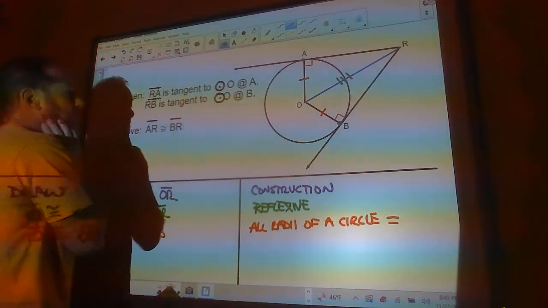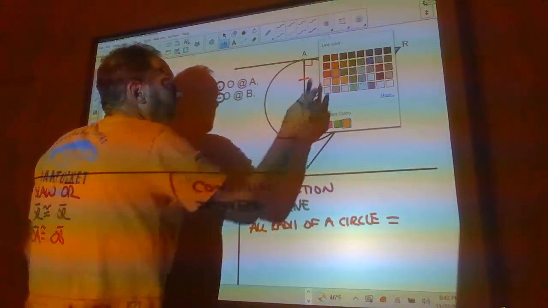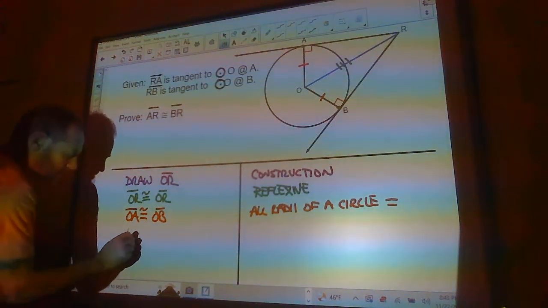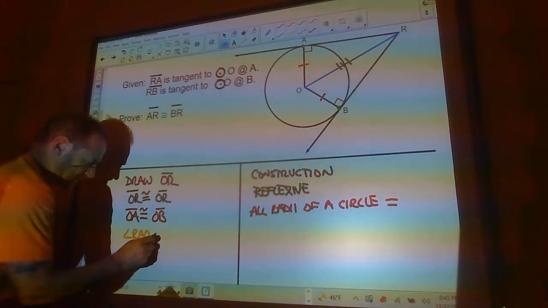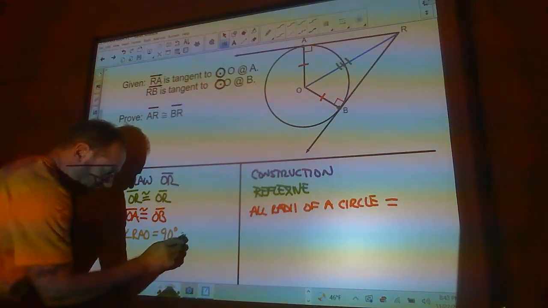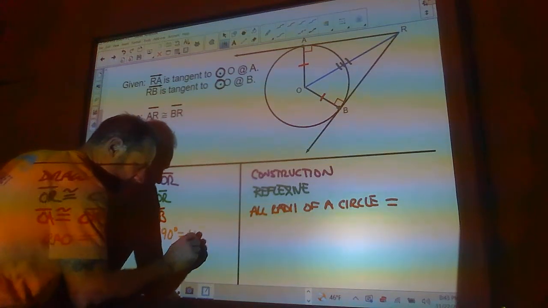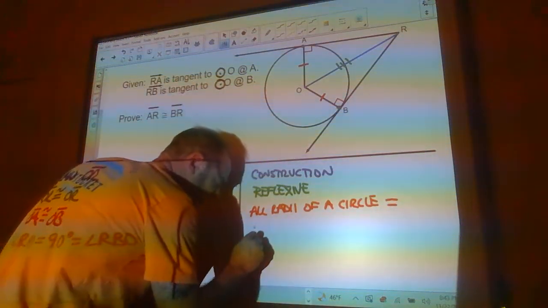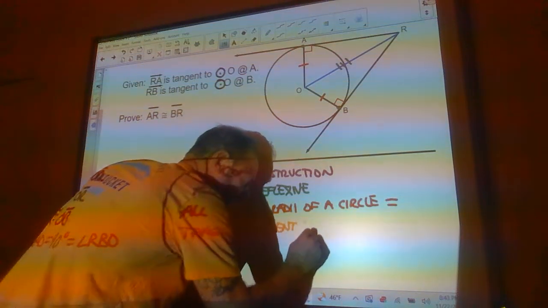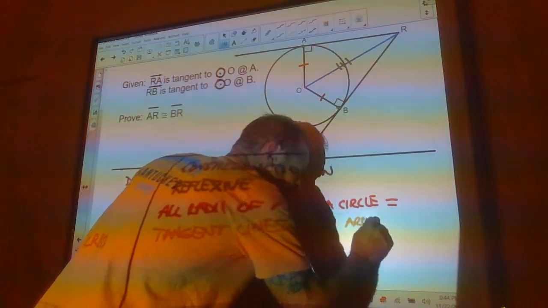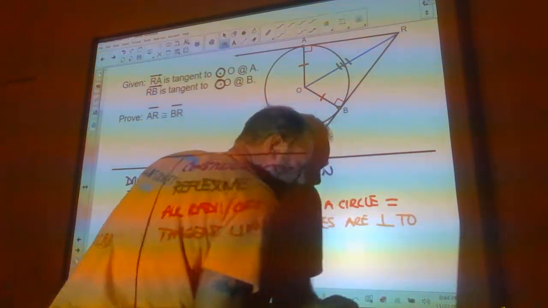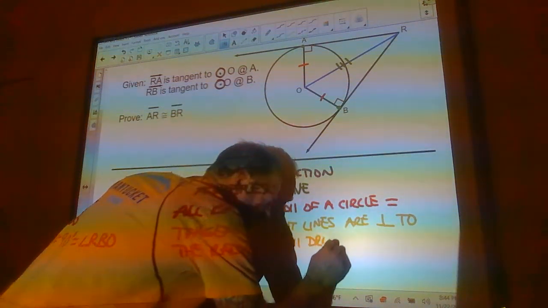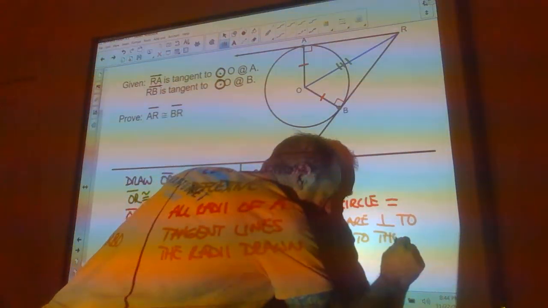I also know that angle RAO is equal to 90 degrees, which is equal to angle RBO, because we had that theorem on the previous page that said tangent lines are perpendicular to the radii drawn to the point of tangency.